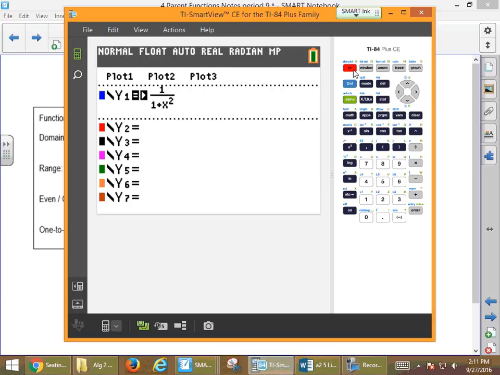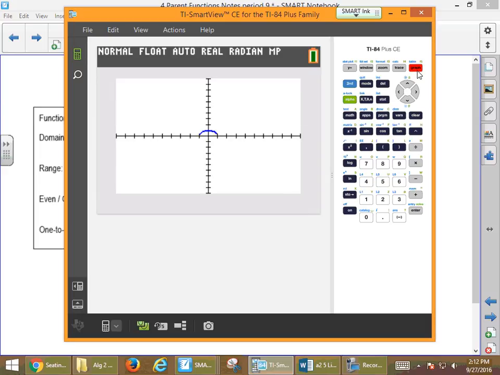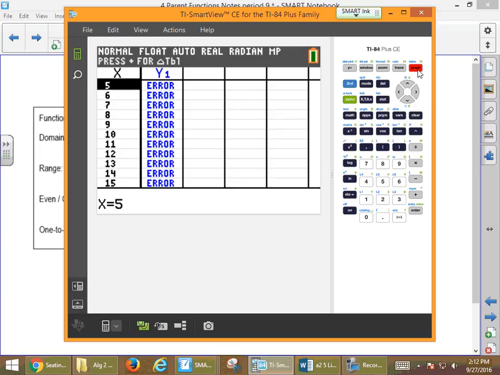Y equals, and again, it's the square root of 1 minus x squared. And we look at the picture there. And there's not much to it. And we can look at the table, and we're not going to get much here.